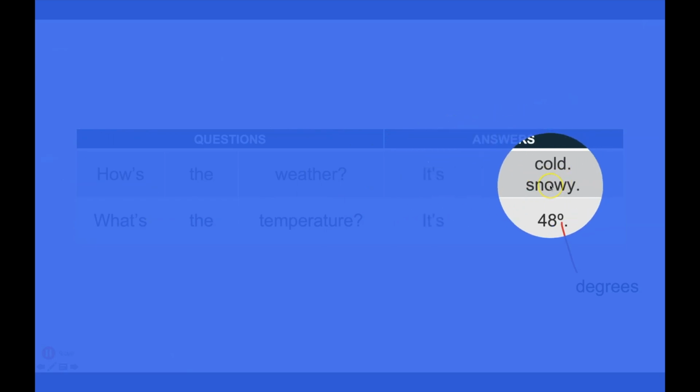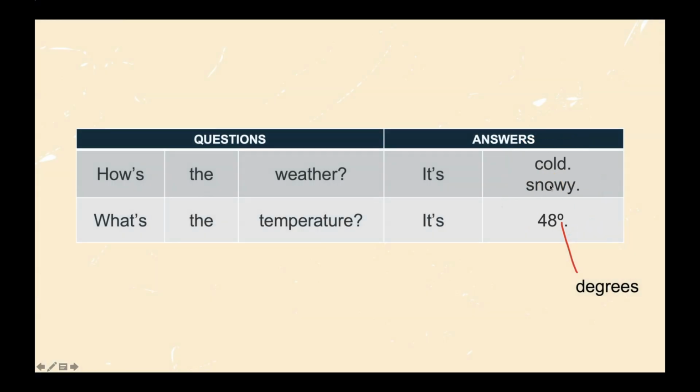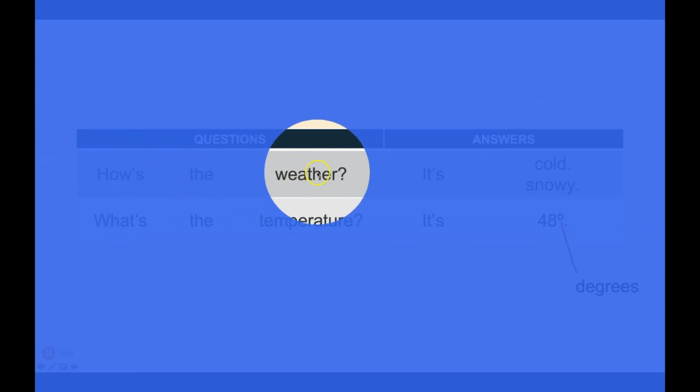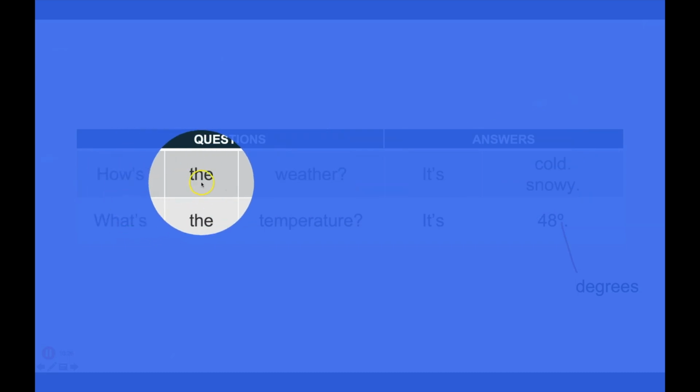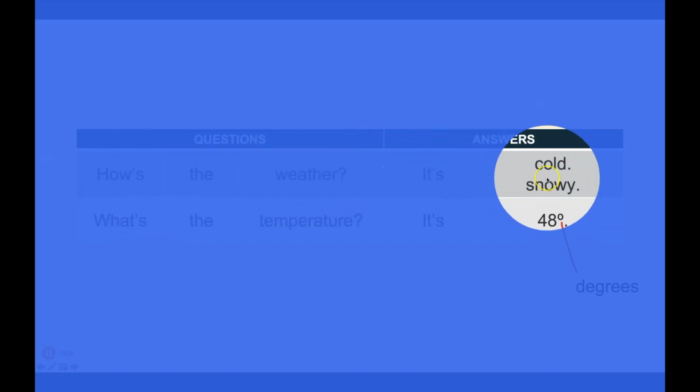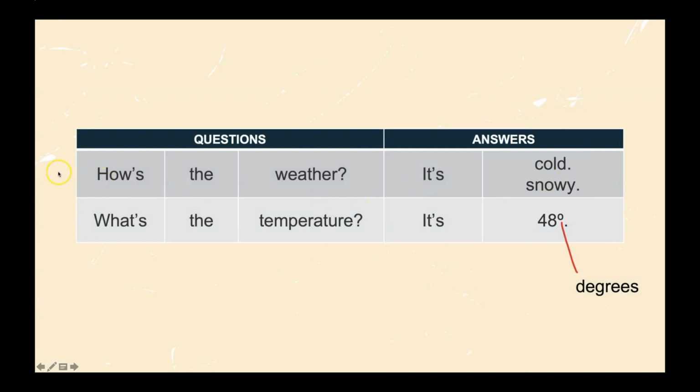It's snowy, for example. It's warm. How's the weather? It's hot. Ugh. How's the weather? It's rainy. How's the weather? It's sunny. Okay? So our question again is, how's the weather? It's cold. It's snowy. Question number 1, our first question.